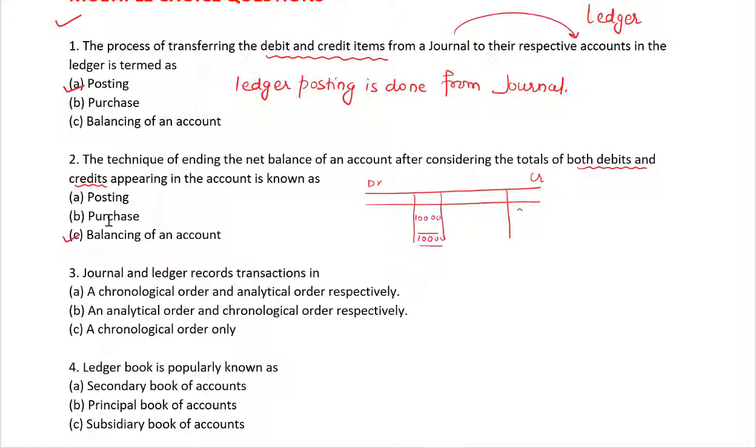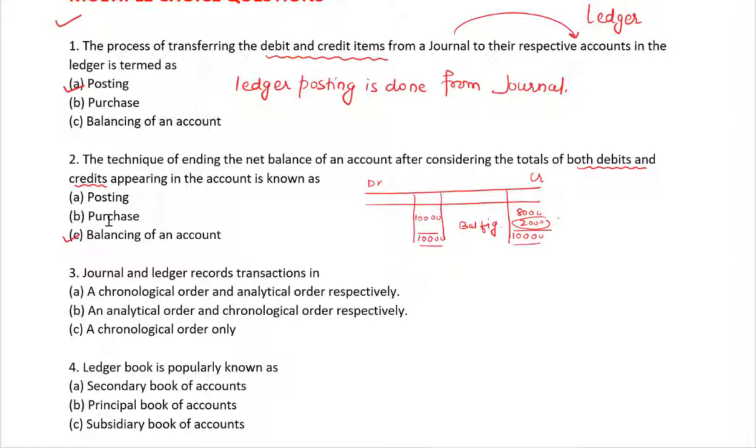So we will take the greater total, and this 2,000 will be the balancing figure. I believe you understood till over here. Let's jump to question number 3 now.